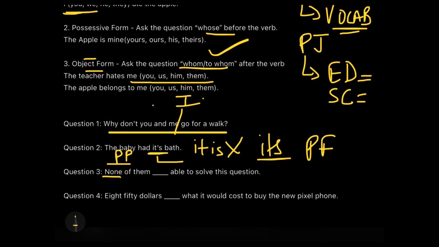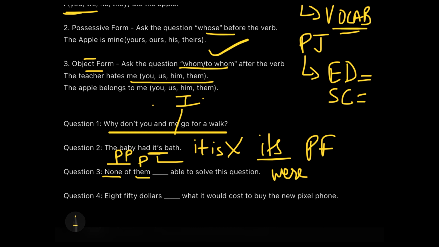None of is a preposition phrase, and whenever we have a preposition phrase, we determine the subject, and the subject determines the verb. So which is the subject? Them, and them is a plural subject. So what will be my verb? My verb will also be plural, that is were. So none of them were able to solve this question.